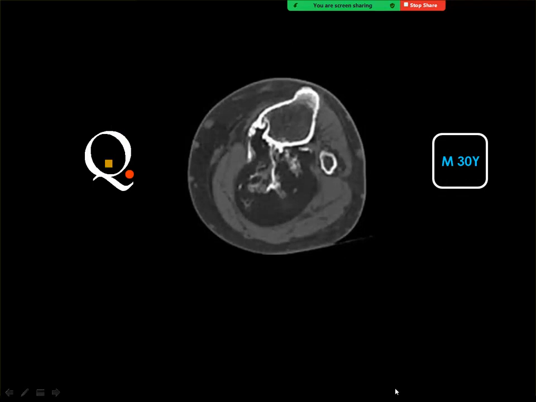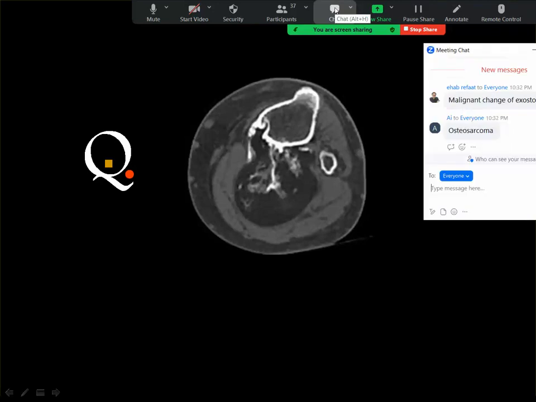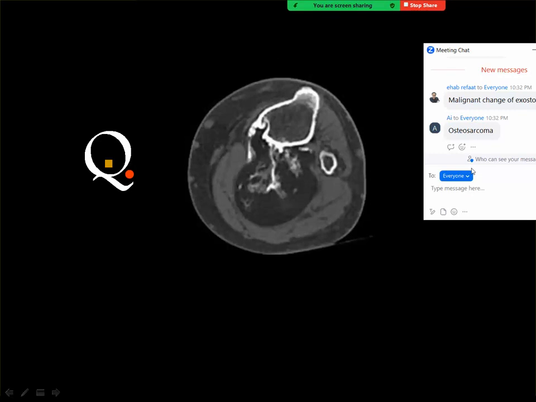Next case is a male patient, 30 years old, and this is a CT scan of the leg. This is the tibia, and this is the fibula. Osteosarcoma, no. Malignant change of exostosis, there is no exostosis originally.